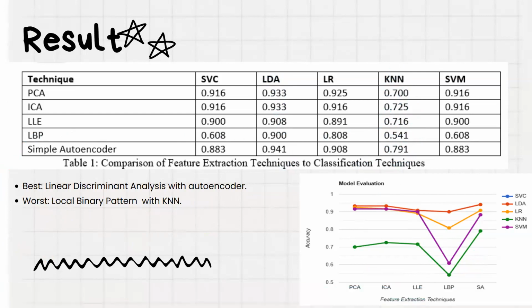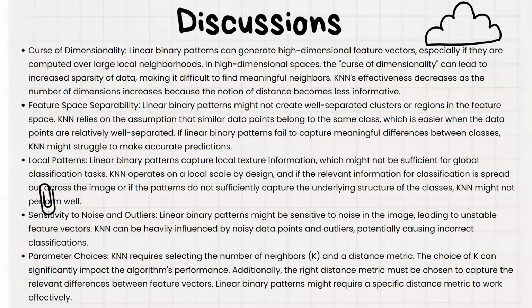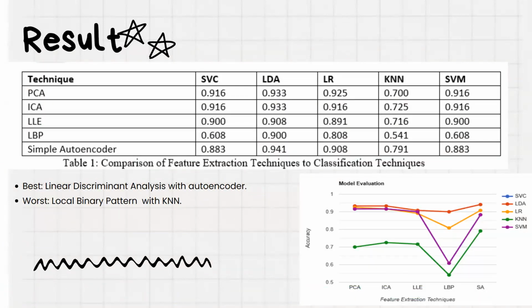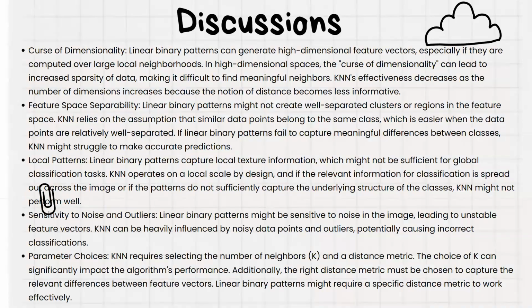There could be much discussion on why the KNN and local binary pattern couple is doing worst in this.